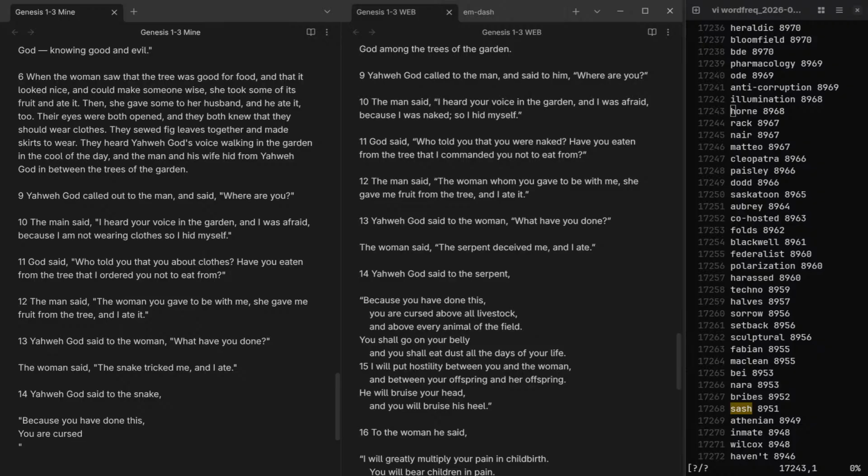Verse 14. Let's look in more detail here. Because you have done this, you are cursed. Execrate. What does that even mean? It is execrate. Okay.